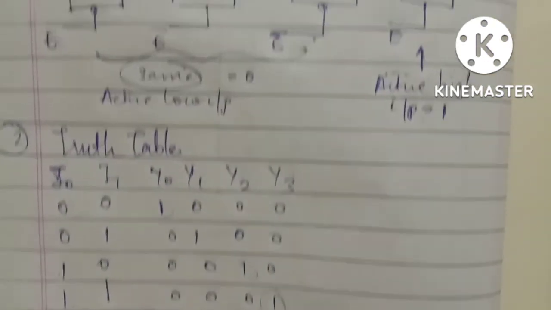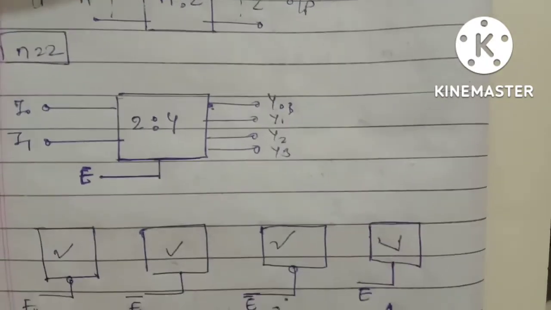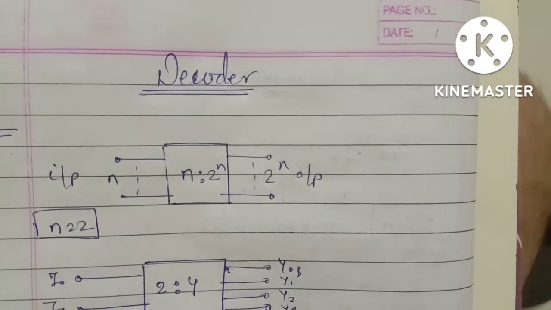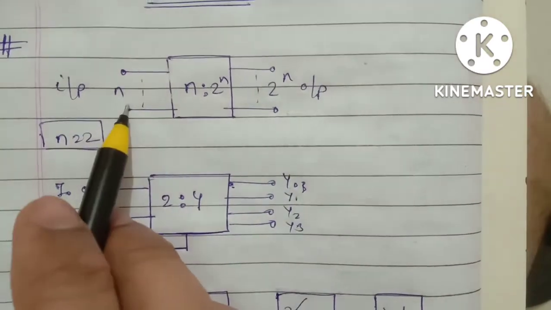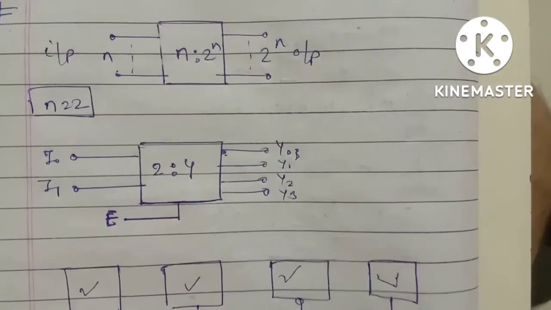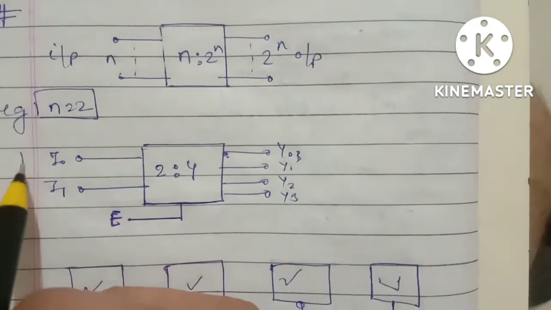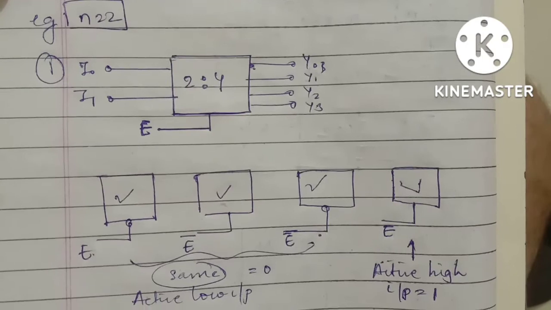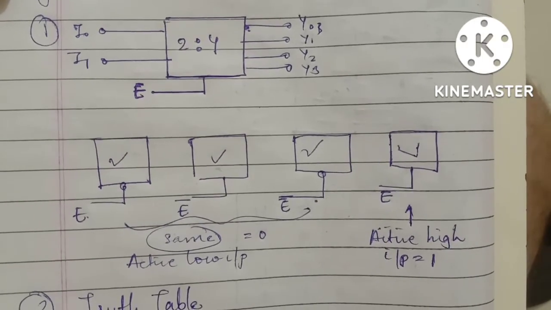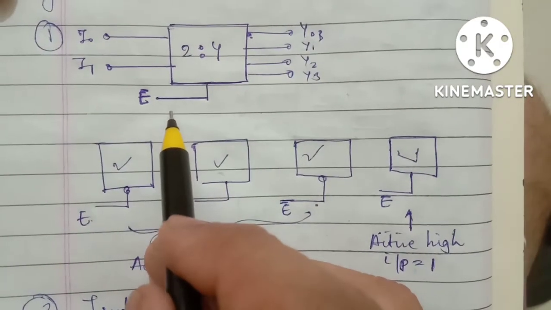So once again we'll see the overview of this decoder. We wrote the decoder and the input and output relation, n and 2 raised to n. We took one example of n equal to 2 and drew this. This is the enable; sometimes it is given, sometimes it's not.